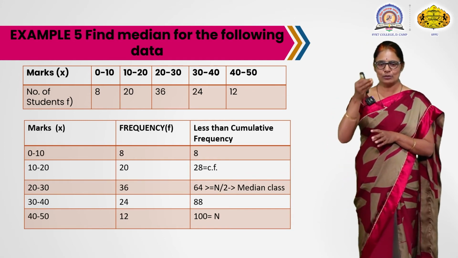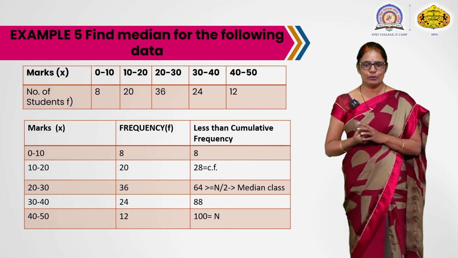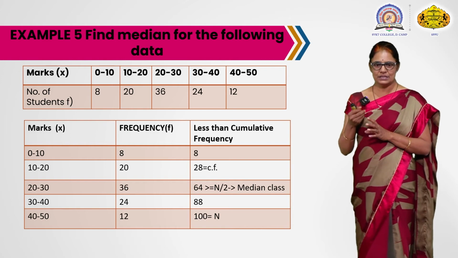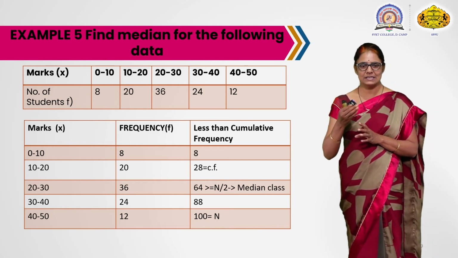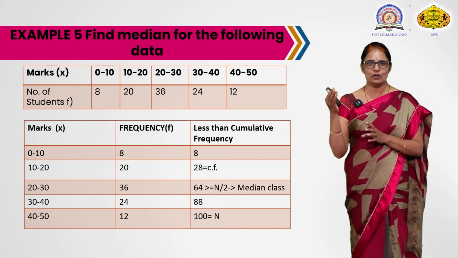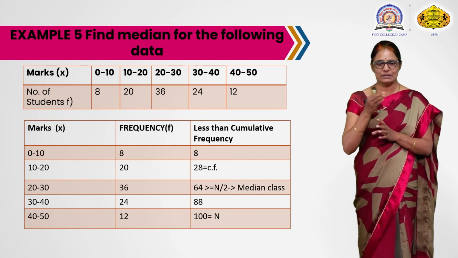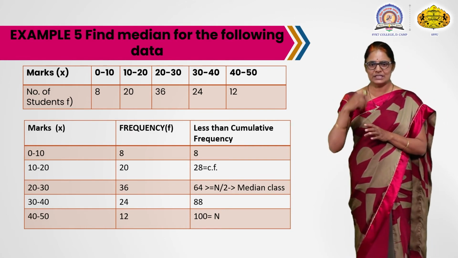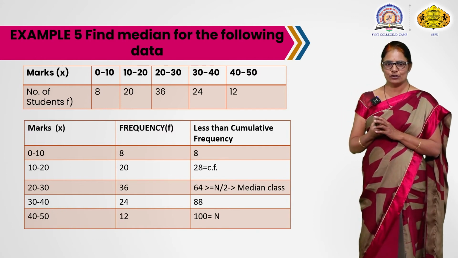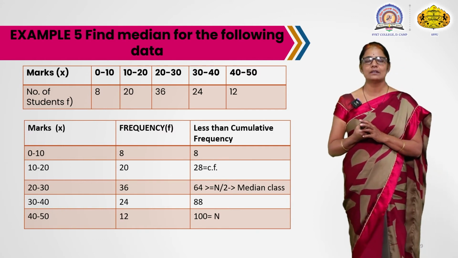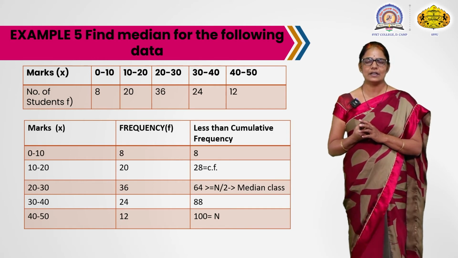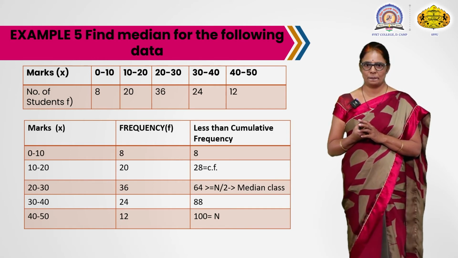If you see the less than cumulative frequency from 29 to 64, all the observations lie between 20 and 30. So here we start with the first column of less than cumulative frequency and check where the frequency is greater than or equal to N by 2 for the first time.